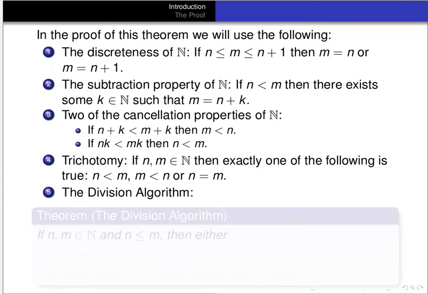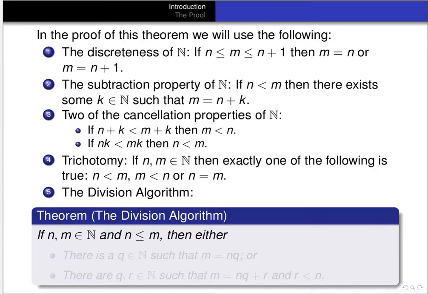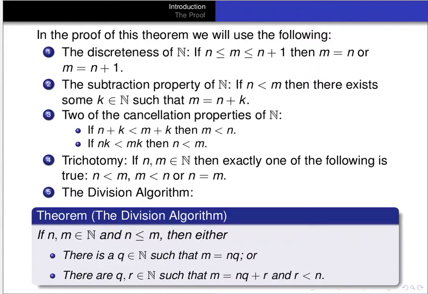And the proof really relies on the division algorithm. So the division algorithm states that if n and m are natural numbers with n less than or equal to m, then either there's a natural number q so that m is equal to n times q, or there are natural numbers q and r so that m is equal to n times q plus r, and r is less than n.